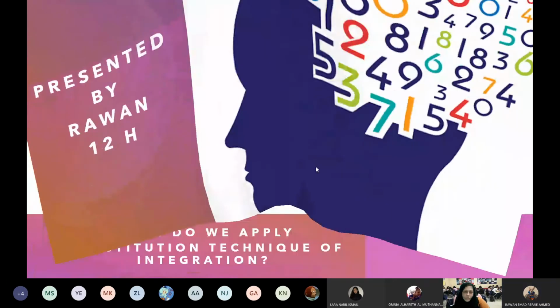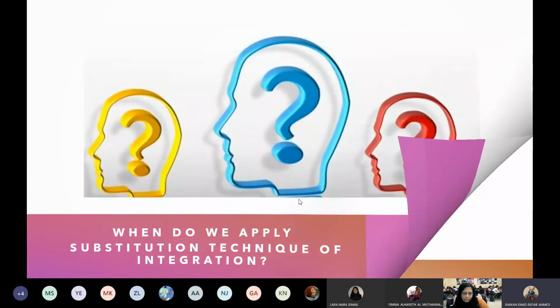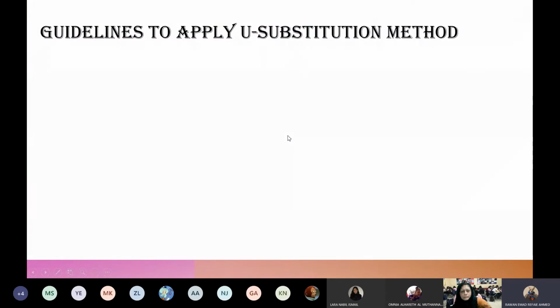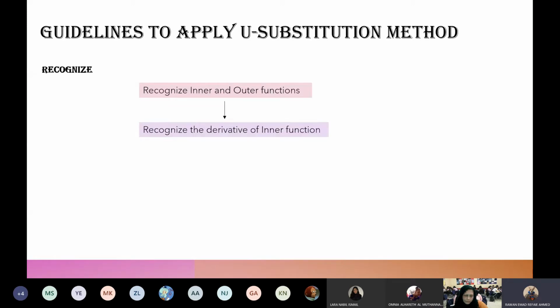So basically I'm going to use the U substitution method. First, we have some guidelines to apply it. The first thing is to recognize the inner and outer functions. After that, we recognize the derivative of the inner function itself.